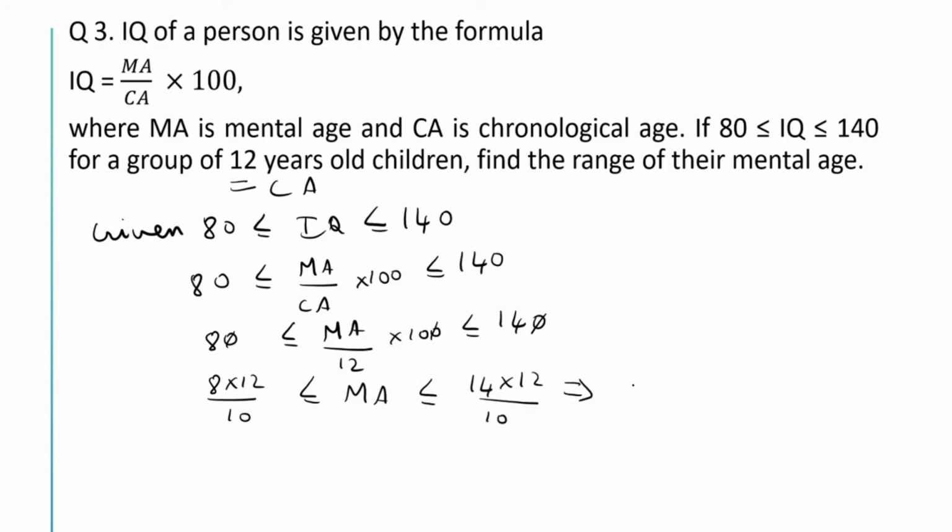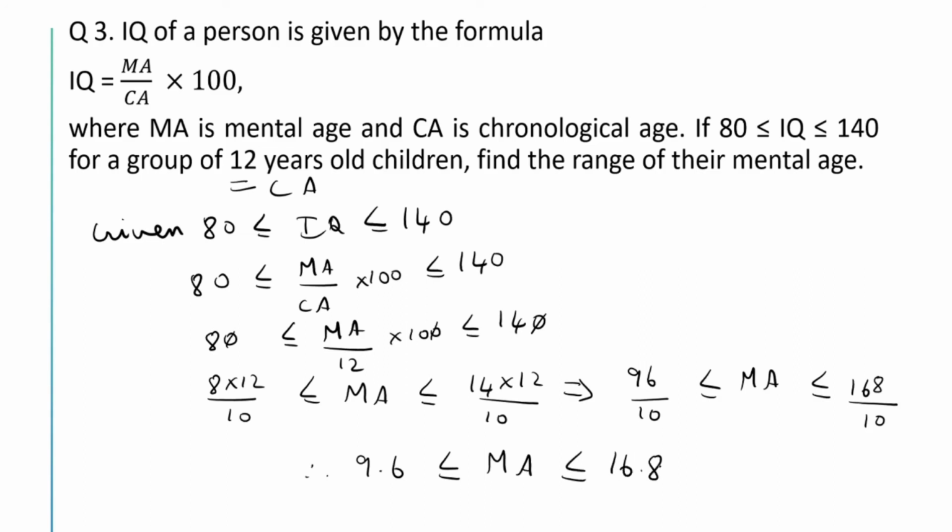So from this we get here 8 into 12 is 96 by 10 less than or equal to MA less than or equal to 14 into 12 is 168 by 10, or 9.6 less than or equal to MA less than or equal to 16.8. So the range of their mental age should be between 9.6 and 16.8.